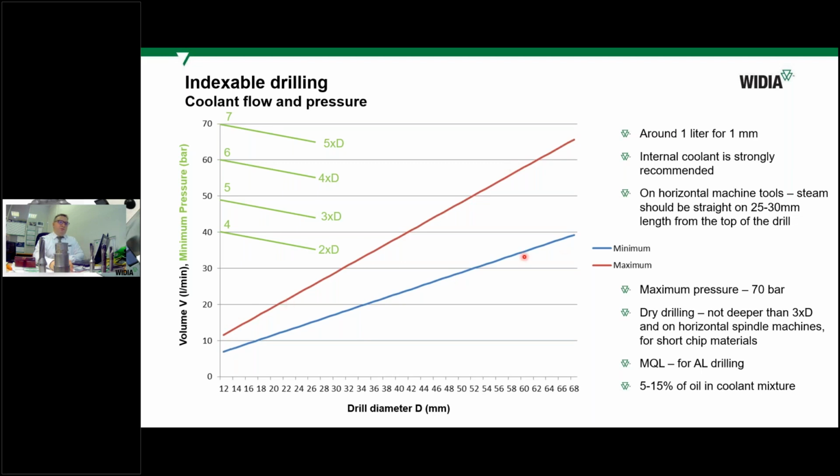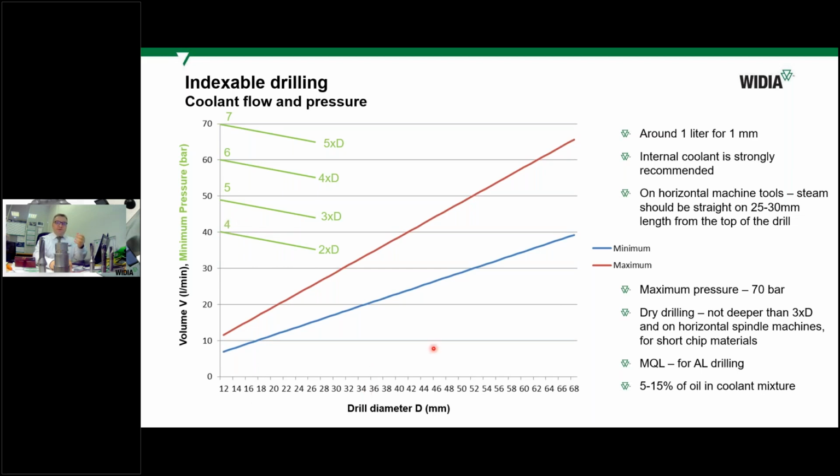Here the minimum line relates to minimum volume and to maximum volume of coolant in order to evacuate chips. Pressure is not that critical for indexable drilling like for solid carbide drills. But anyway, with smaller diameters, it's more important to choose normal pressure of the coolant.